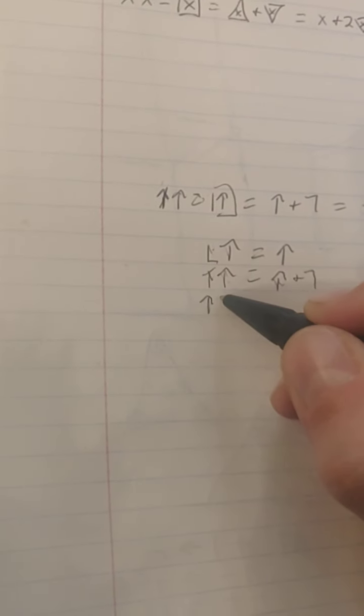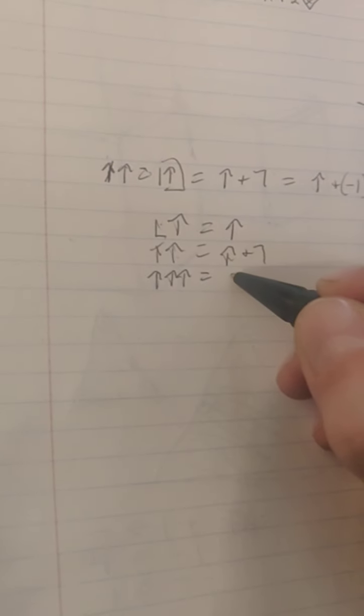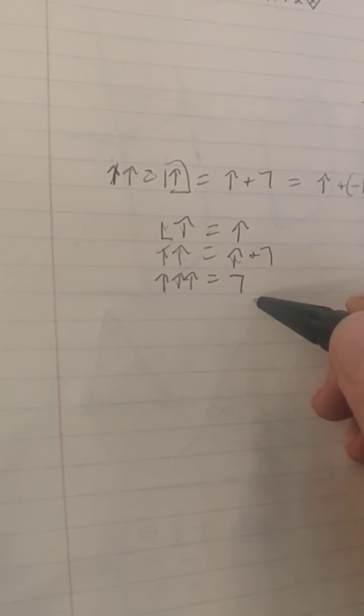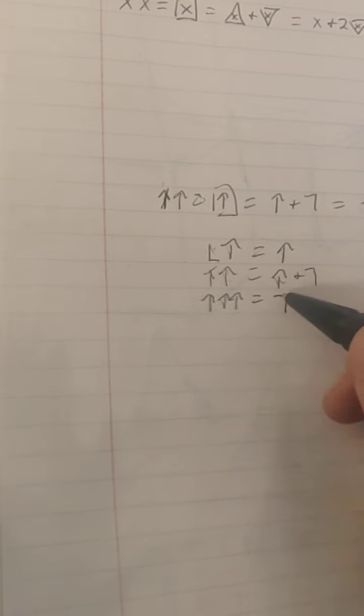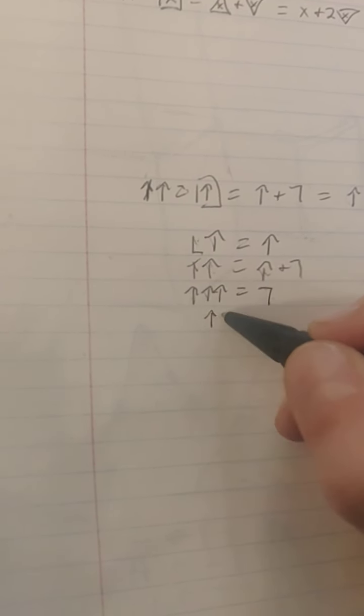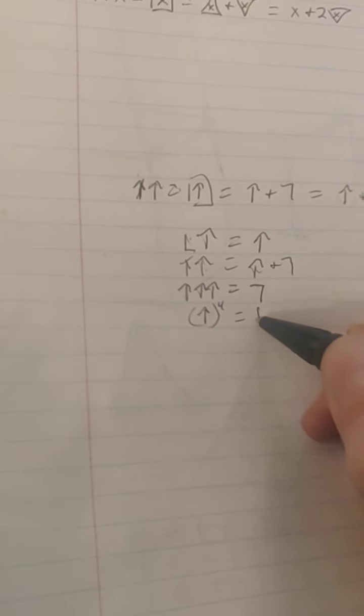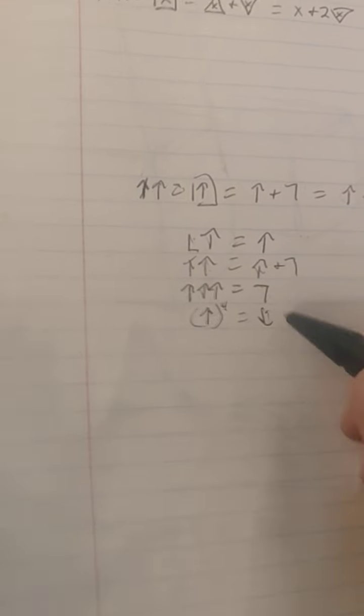Up cubed equals -1, actually, right? So then that times another up, so 4 ups, we'll use sort of a more traditional notation for this, equals down, which is minus up.